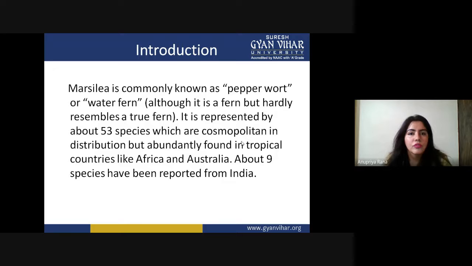But the places where they are abundantly found are the subtropical zones or countries like Africa or Australia. In Africa and Australia, almost all the species of Marsilea have been found, and even in India, we have nine species reported of the genus Marsilea.